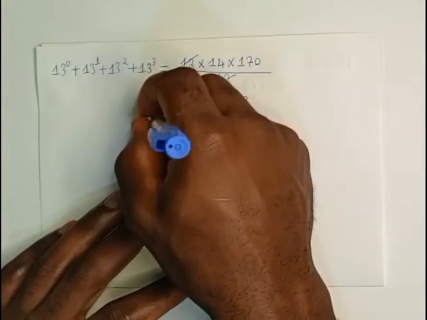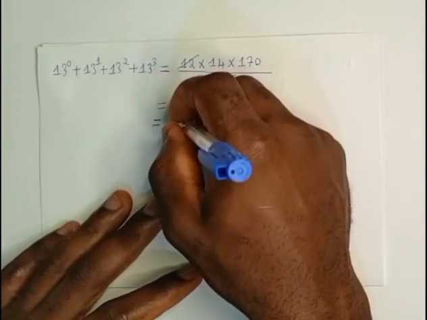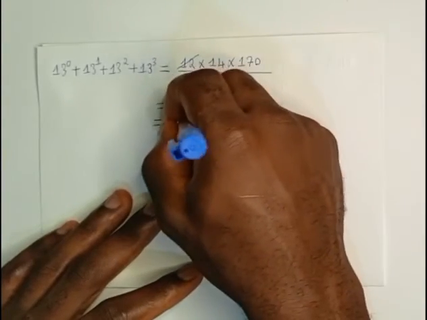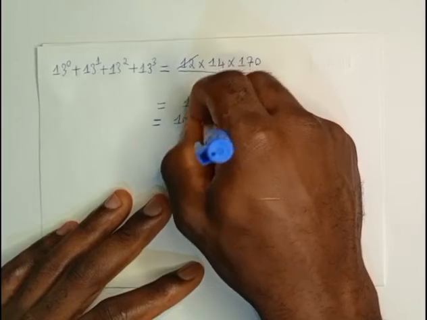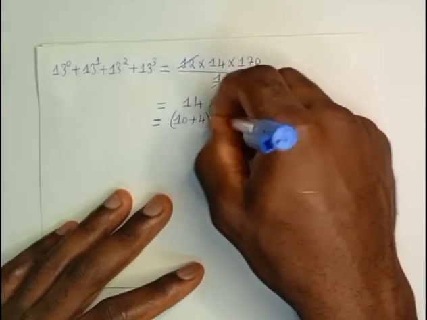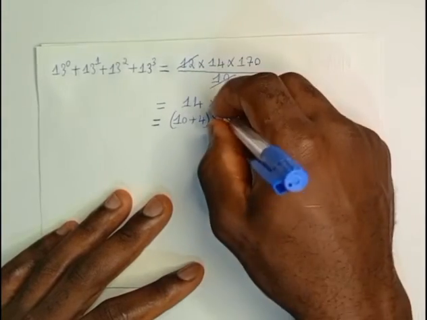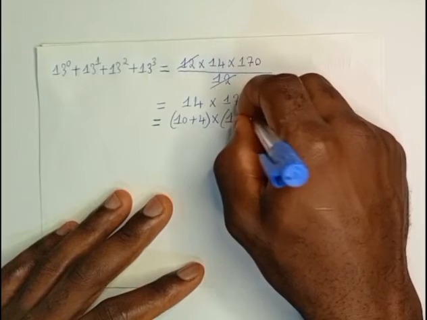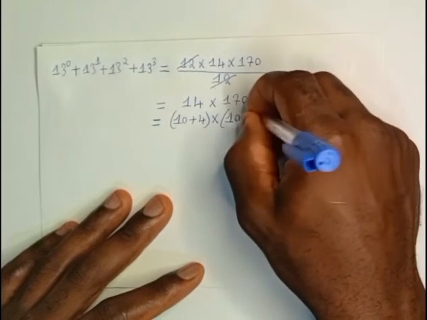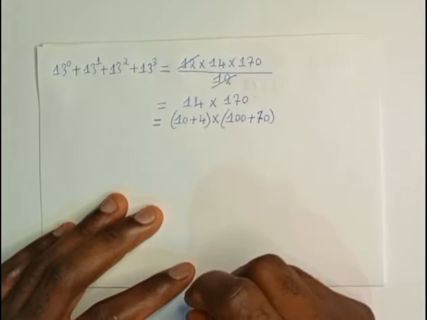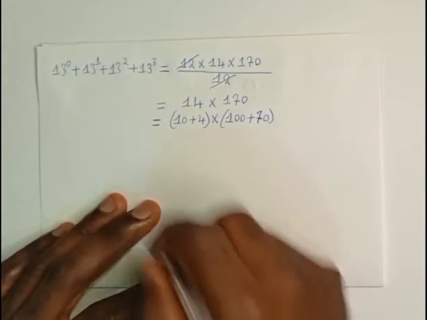170. 14 times 170, we can express 14 as 10 plus 4 times 170, we can express it as 100 plus 70. Next, we are going to apply the distributive property.